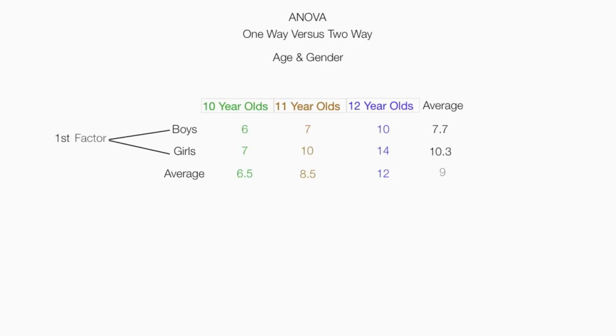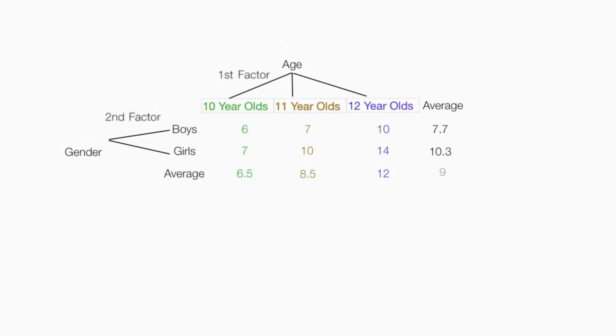My first factor I'm going to call gender. My second factor is age. And it doesn't make a difference what I call my first factor or my second factor. I could swap those if I wanted to. A two-way ANOVA is a lot more complicated than a one-way ANOVA.